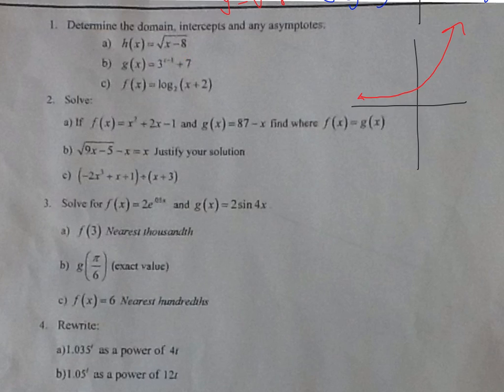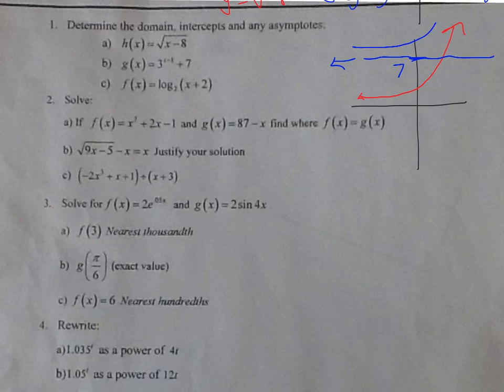But there is a shift. This is your parent function, this guy here. So there's a shift here, right? I have plus 7 to the whole y value. That means it's going up 7. That means it's going up here to 7. Okay? That's your asymptote here at 7.